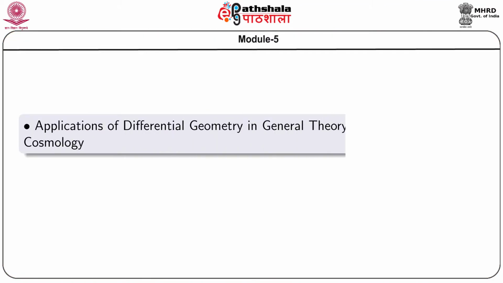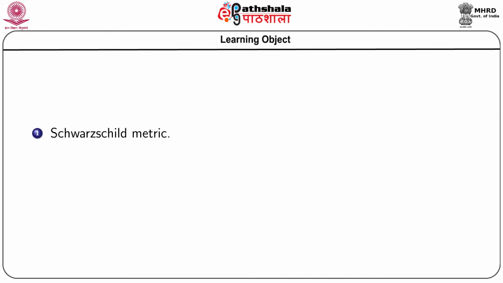So, title of module 5 of chapter 10 is Applications of Differential Geometry in General Theory of Relativity and Cosmology. Here we shall mainly learn about spherically symmetric metric, and that is specially a Schwarzschild metric.